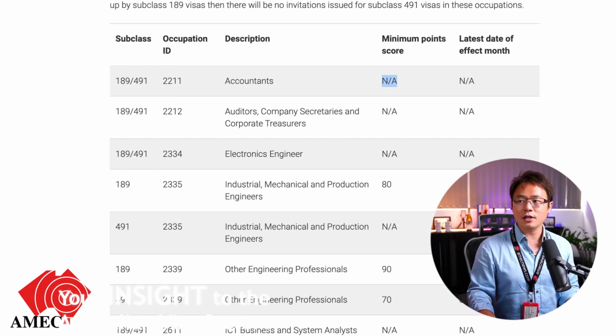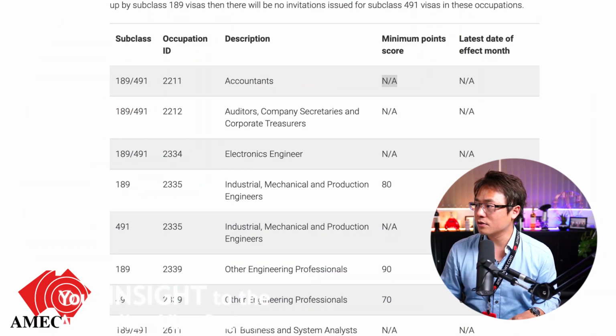But what I'm trying to say is, studying accountancy is quite a good profession to be in, but the competition is a lot. However, you might want to pick a different occupation, for example auditor or management accountant, management consultant, rather than accountant solely. And I think the way it will work in the coming future is they will prefer that accountants study in regional Australia, and then after you finish your qualification, you gain your post-study work rights, and then you get into employment.